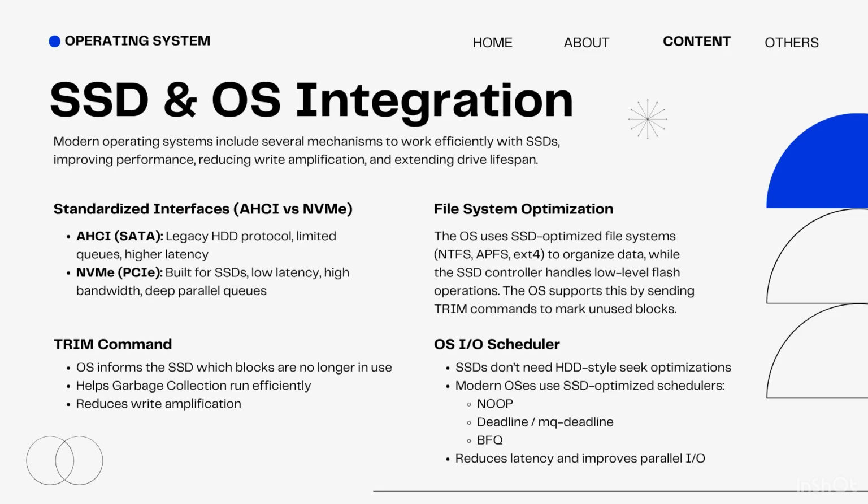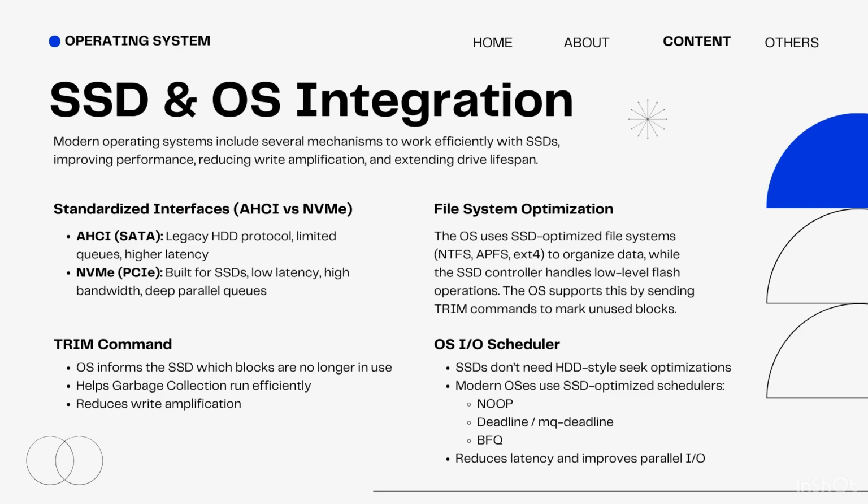NVMe sends many commands in parallel, improving performance. The TRIM command allows the OS to tell the SSD which blocks are no longer used. This helps the SSD clear unused data, reduce extra writing, and keep the device faster and healthier.